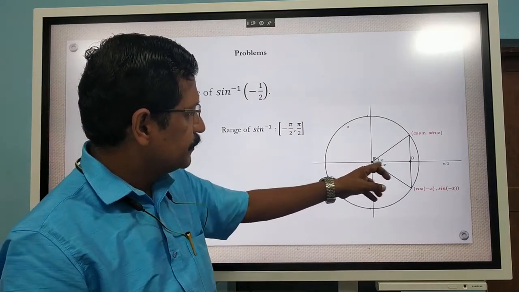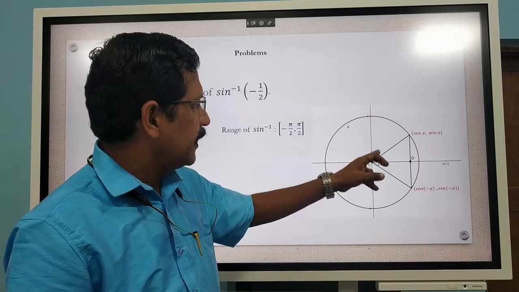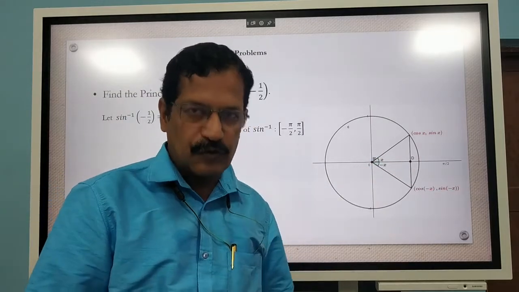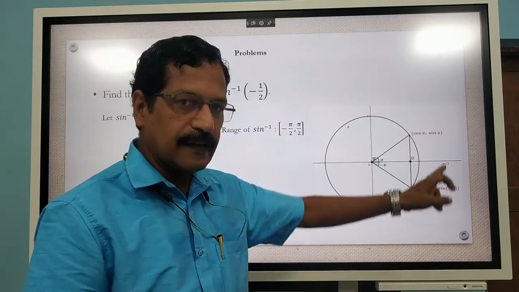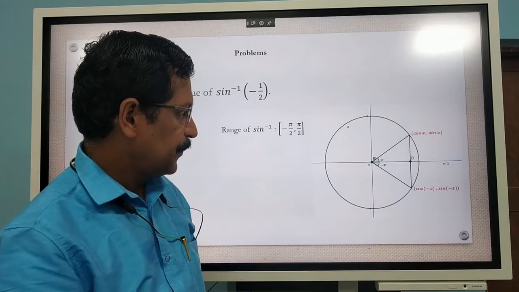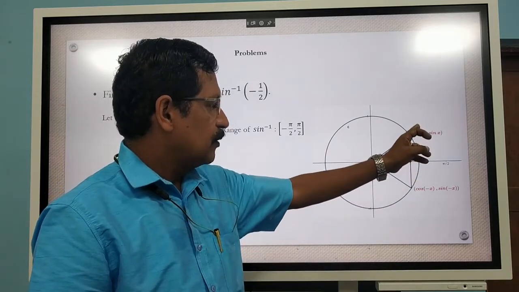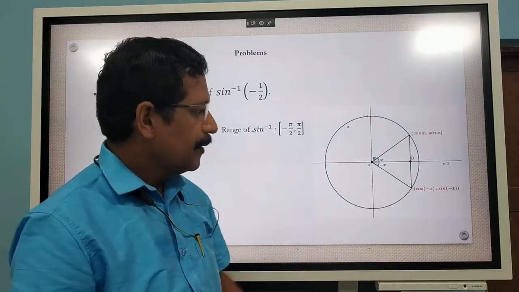You can see here, if this line is subtending an angle x with the positive direction of the x-axis, then the coordinates of this point will be cos x, sin x. We have studied this in class 11. So this OD will be cos x and this perpendicular line will be sin x.